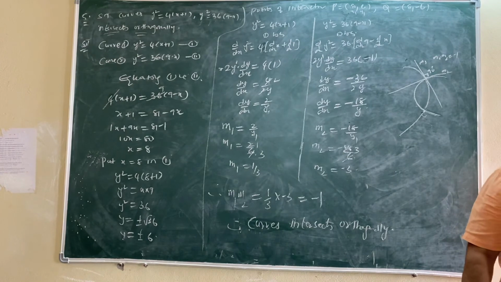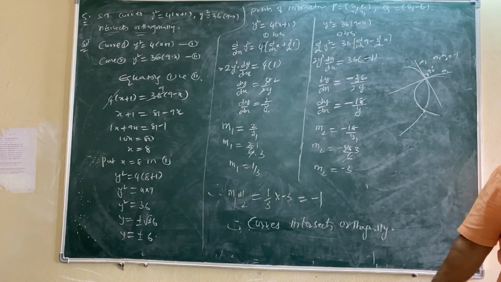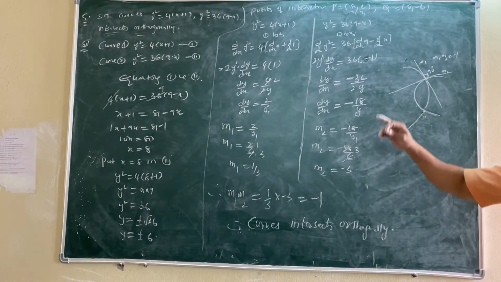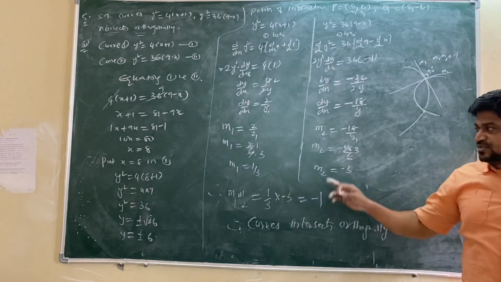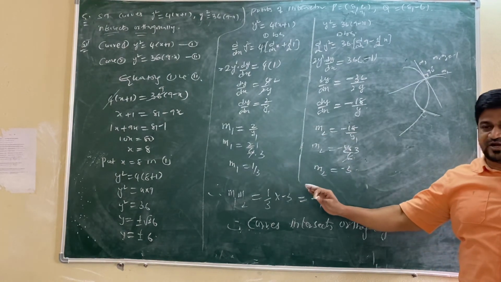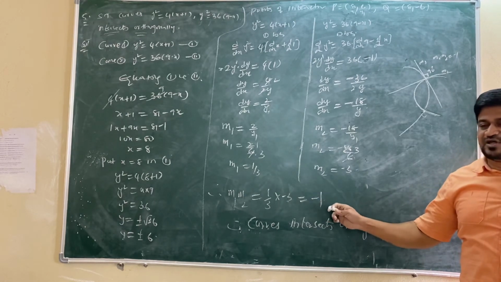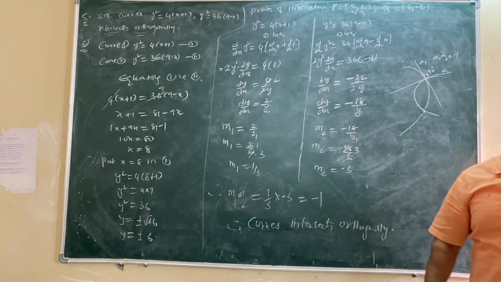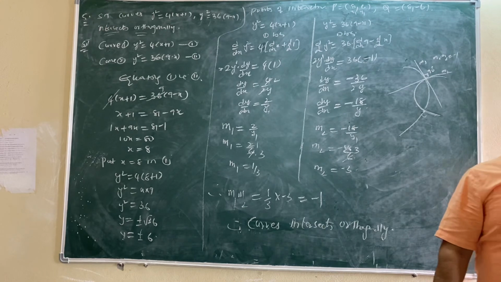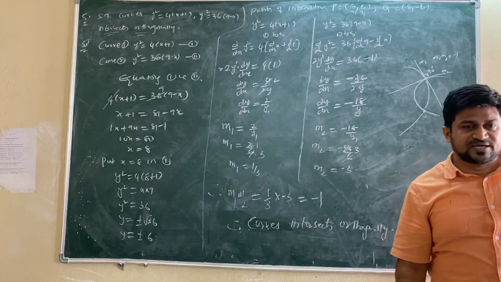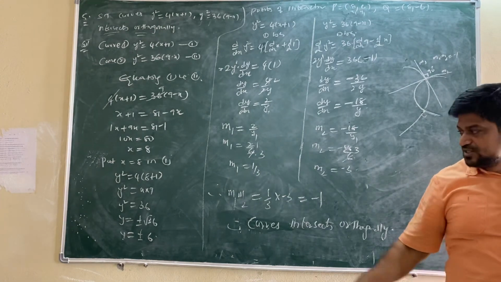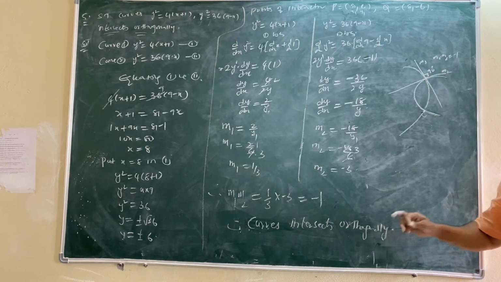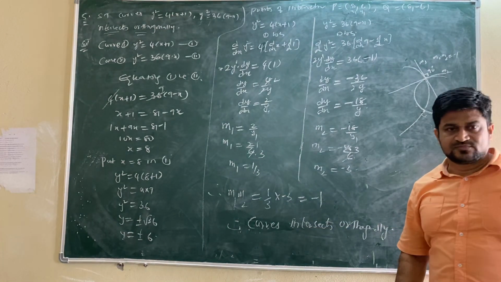That's why we are just taking y1. Now in place of y1, we are taking the value 6. Here also the value 6. Cancellation has been done. m1 and m2 values are there. We have to write down the m1 and m2 values, and we have to get minus 1. Once the value is minus 1, we can say that yes, the angle made by the tangents to the curves is 90 degrees. Curves intersect orthogonally. Okay? Copy.